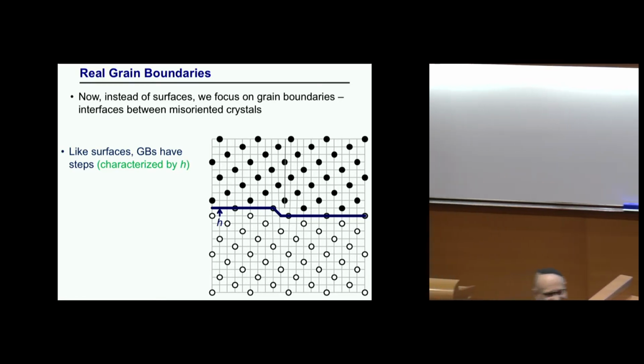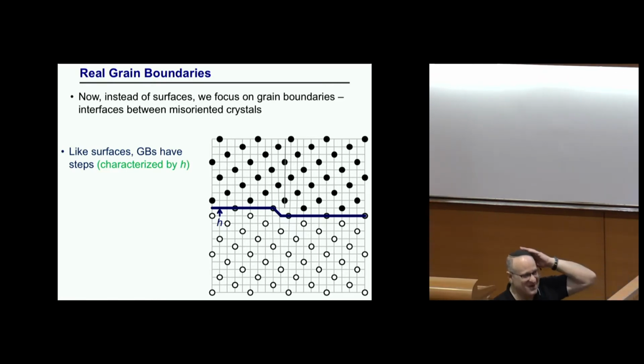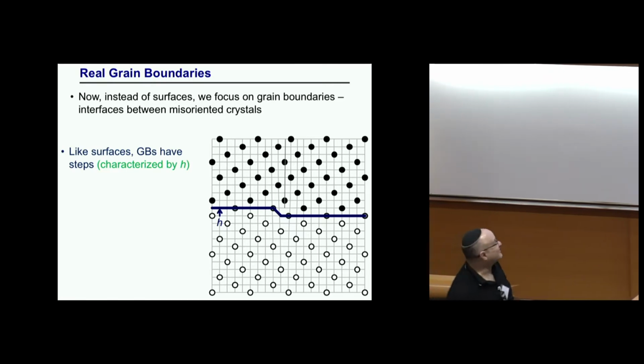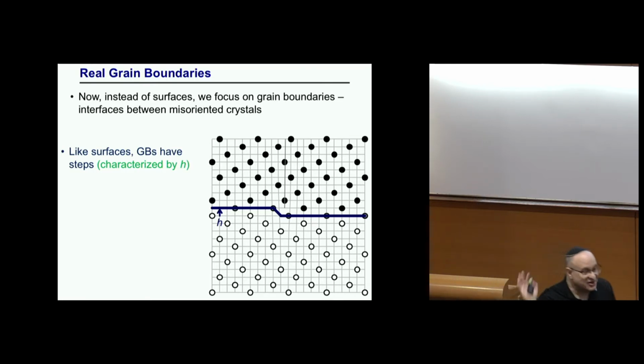It's called a DSC lattice. It's a detail. I'm not going to talk about it today because it'll take me another half an hour. But the point is, the way a grain boundary moves this way is by having a step in the boundary, and the propagation of the step that way translates the grain boundary that way, just like at the surface.